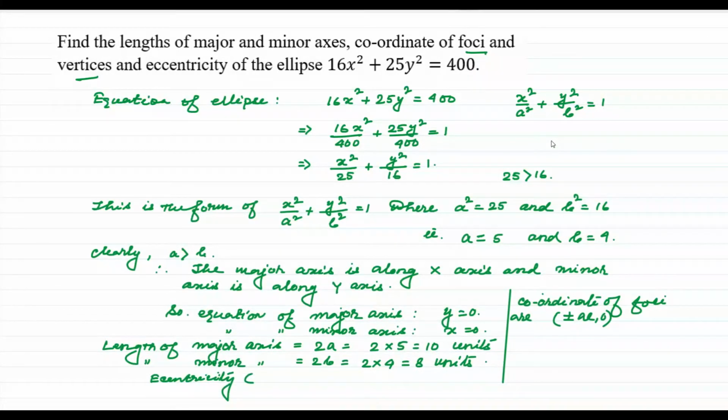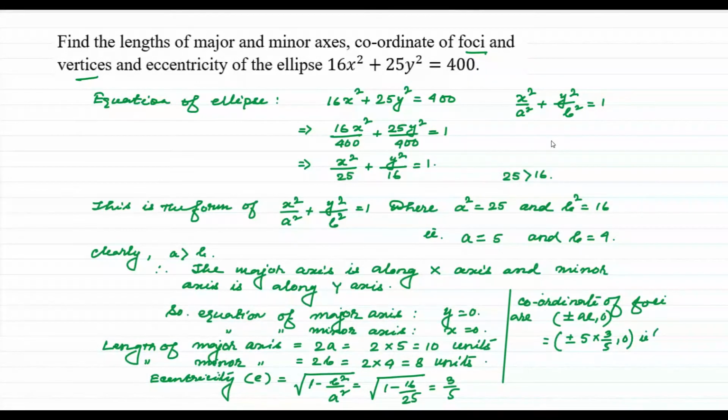Eccentricity e is equal to, we know, root over 1 minus b square by a square. So square root of 1 minus 16 by 25, it's giving 3 by 5. So we have got the eccentricity. So once we put it over here, we can get the coordinate of the foci. So it's plus minus a e, means 5 into 3 by 5 comma 0, that is plus minus 3 comma 0.